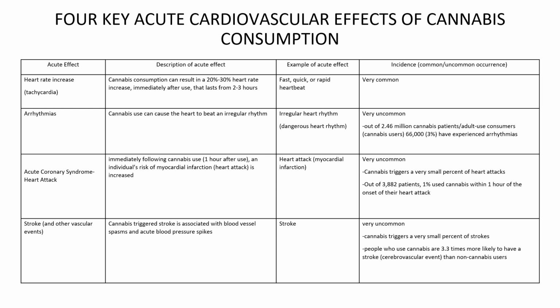Cannabis triggers a very small percent of heart attacks, but it is possible. Out of 3,882 patients, 1% used cannabis within 1 hour of the onset of their heart attack. And strokes are very uncommon. People who use cannabis are 3.3 times more likely to have a stroke than non-cannabis users.